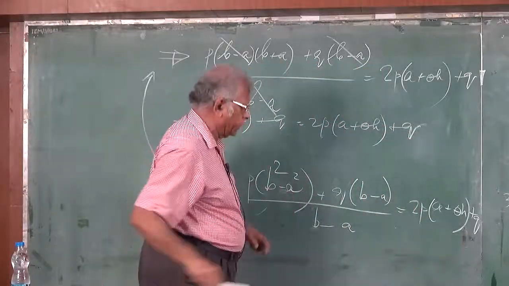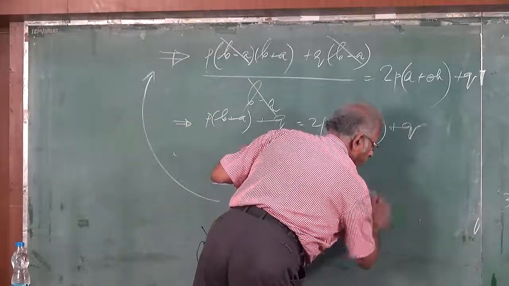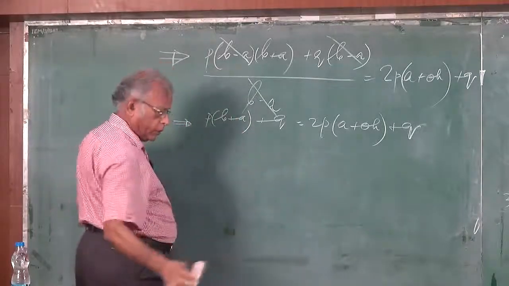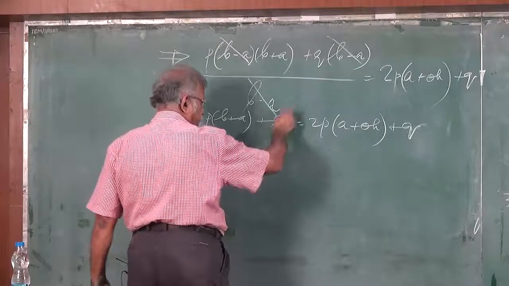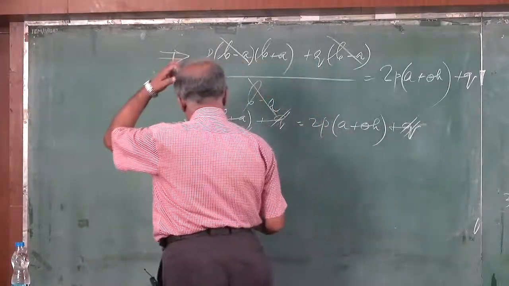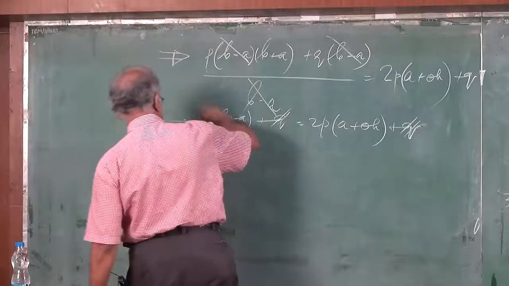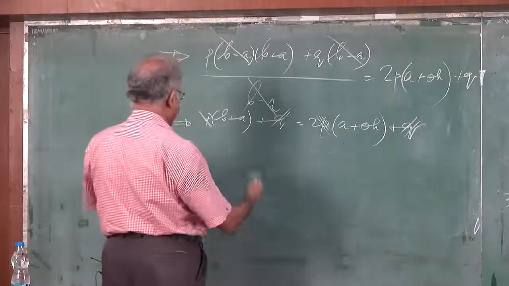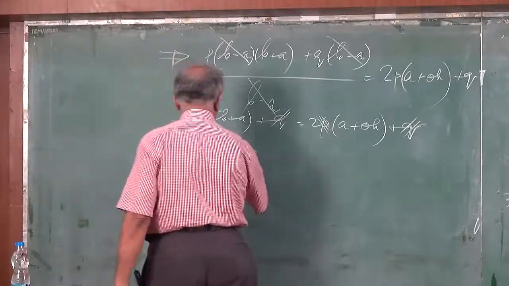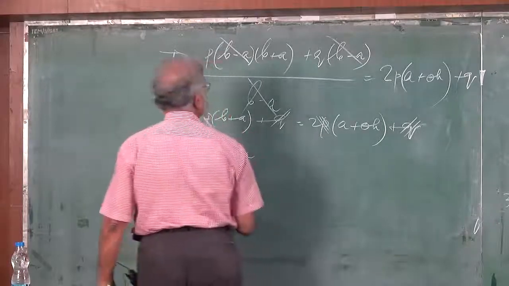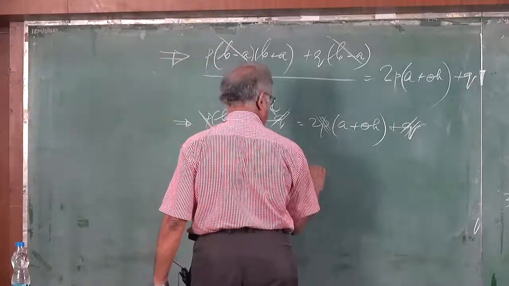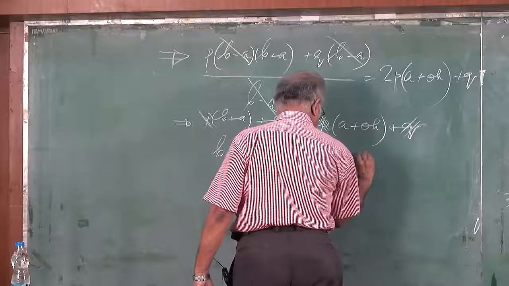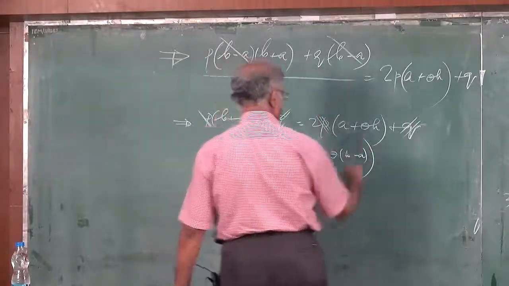Now, this is getting closer to home, because now we can write, after removing this q from both sides, and this p there. So, the relation that emerges now is b plus a is equal to 2 into a plus theta into b minus a, that is h, and no q.